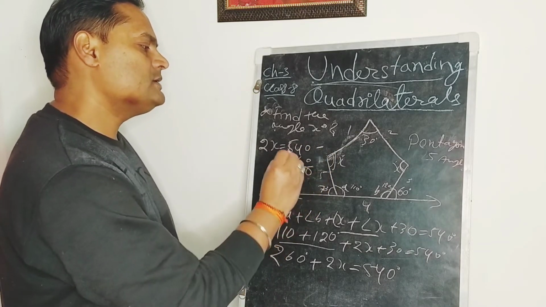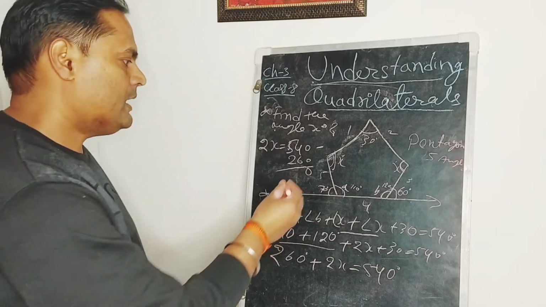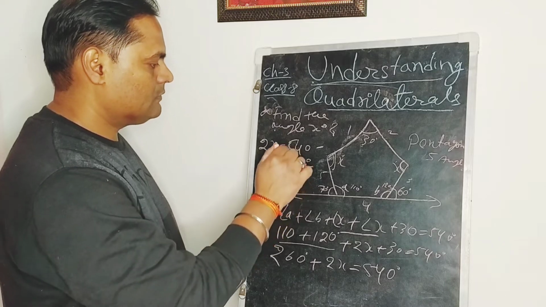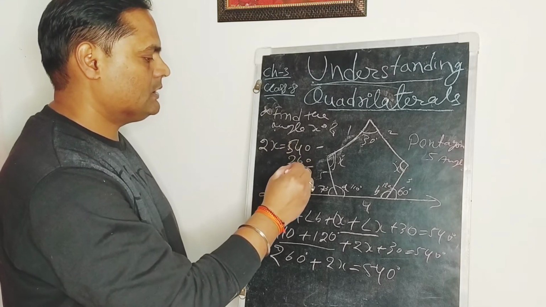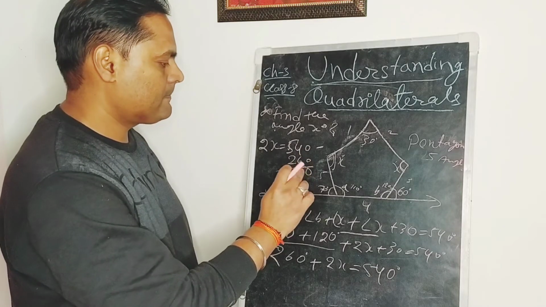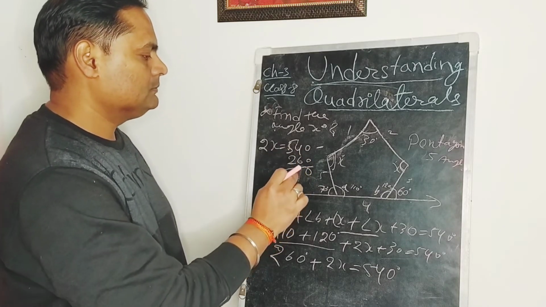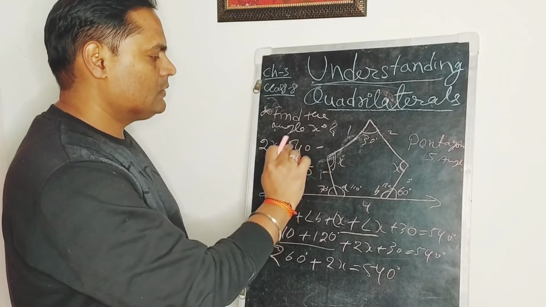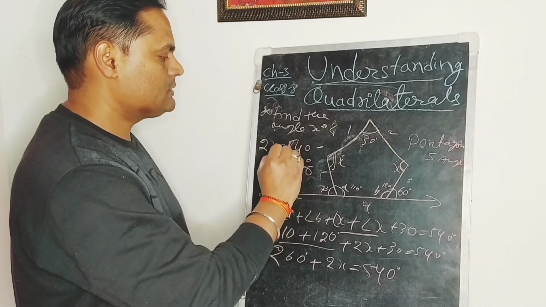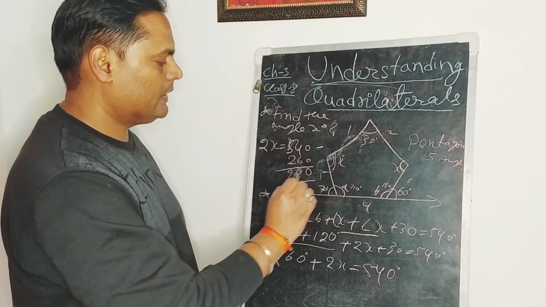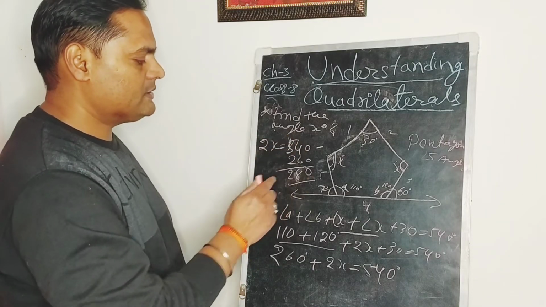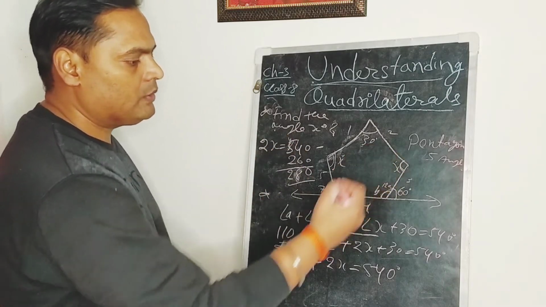Let's subtract it out. 540 minus 260 is 280. So 280 is the result after subtracting, but we need to find the value of x.